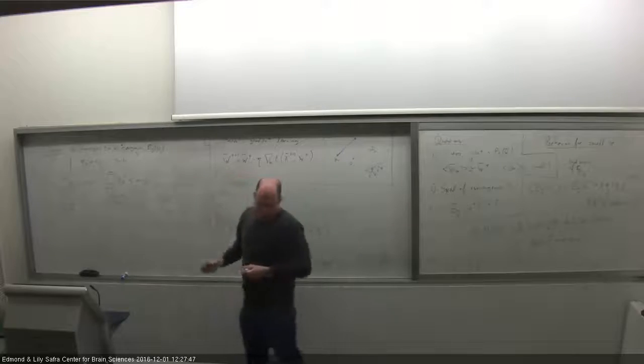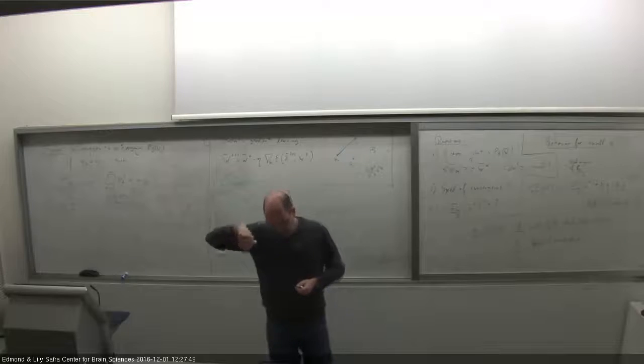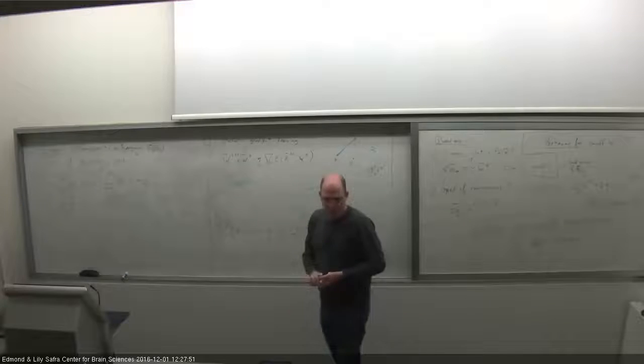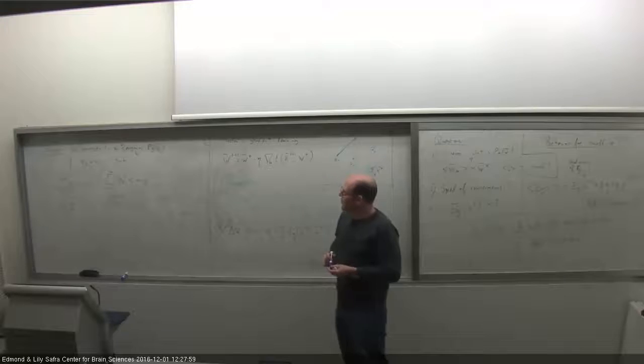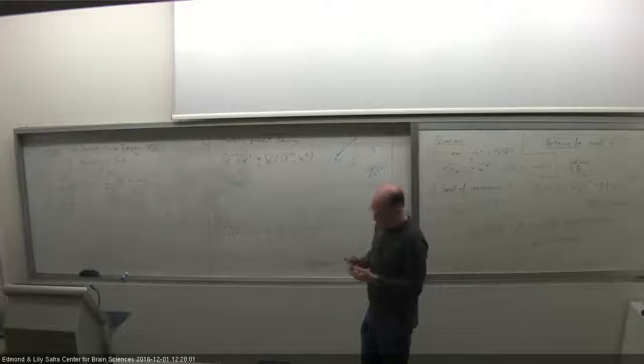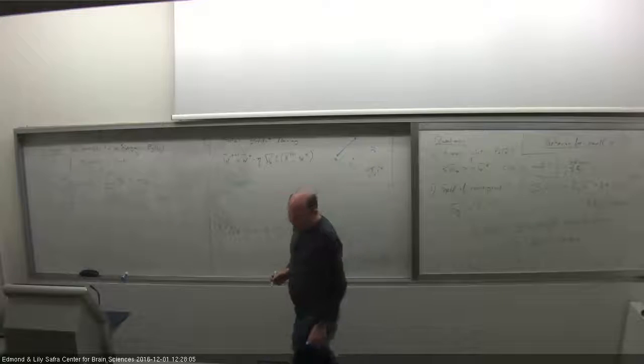If both these conditions are met, we're taking eta to 0, not too fast and not too slow, then the algorithm is guaranteed to converge to approach the minimum.